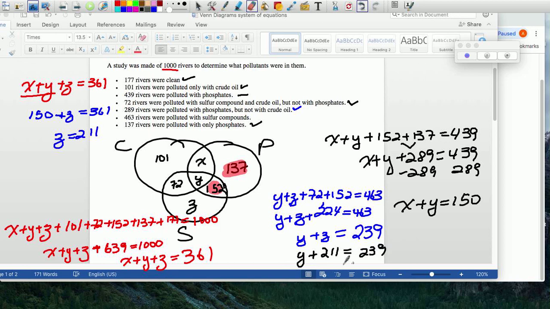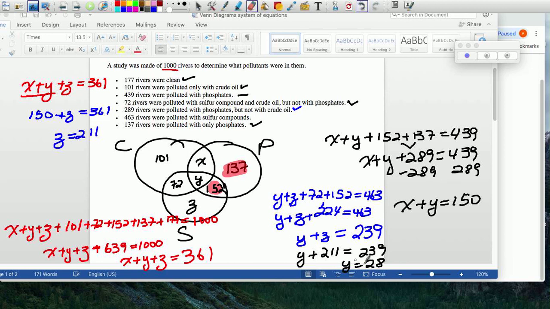And if I subtract 211 from each side, I'm going to get that y equals 239 minus 211, which is going to be 28. So now I know that y equals 28. So I know that z is 211. I know that y is 28. All I need is x.